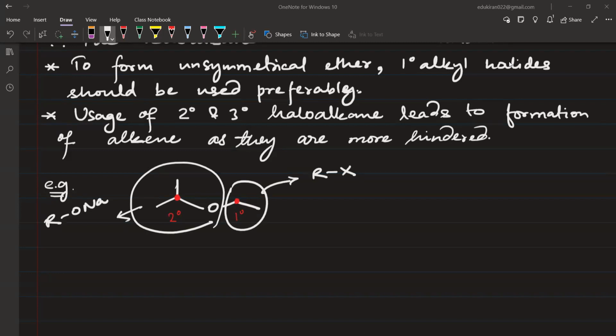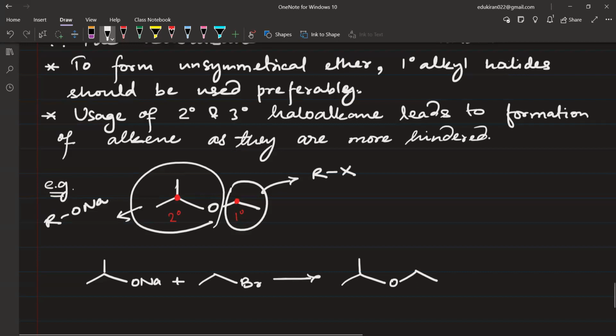That is why the reaction that you can have is RONa plus a 2 carbon alkyl bromide. This is going to give you O and then CH2 and CH3. Understood this? Yes or no? All of you got this?